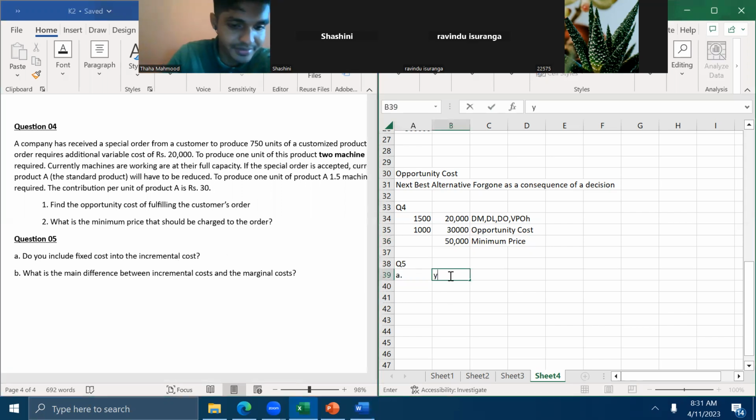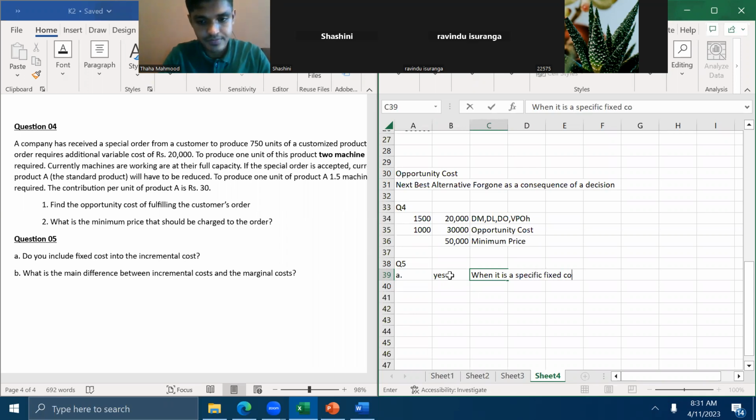The answer is yes, when it is a specific fixed cost, like I said, the renting of the machine. In such instances we include fixed costs into the incremental cost.